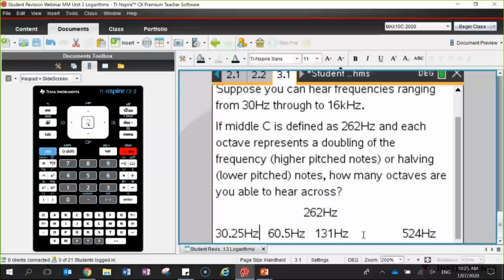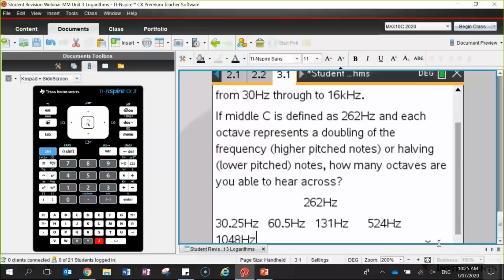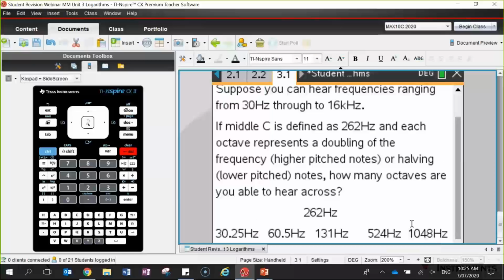And if I go the other direction, as I said, I doubled it, I got 524. If I double it again, I get 1,048 hertz. I'm trying to get this all on one line there for you. Okay, I can see a pattern here. Now that should remind me of using geometric sequences, where I'm starting with 30 hertz and I'm doubling each time.